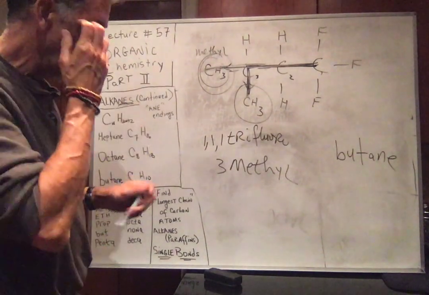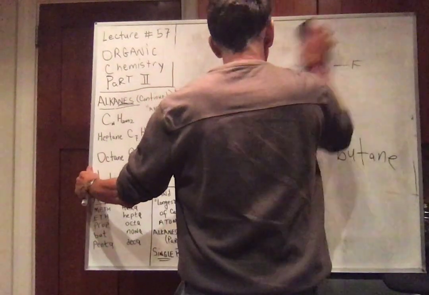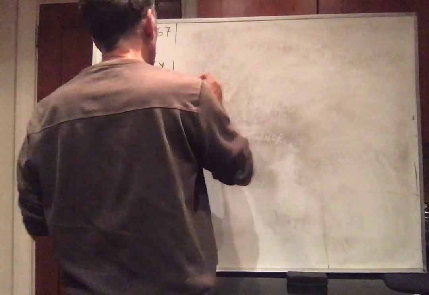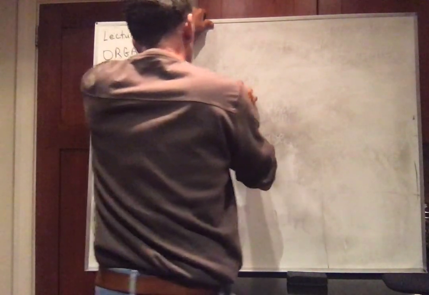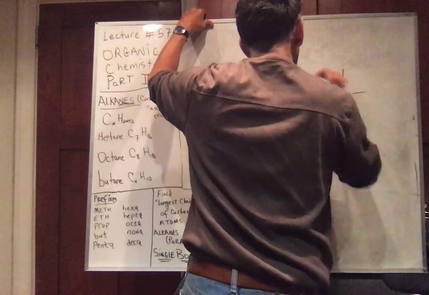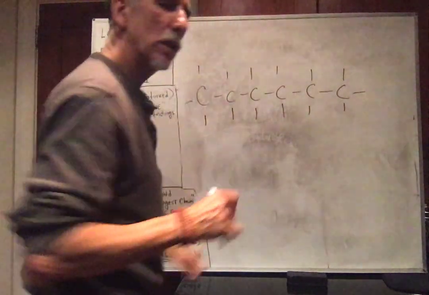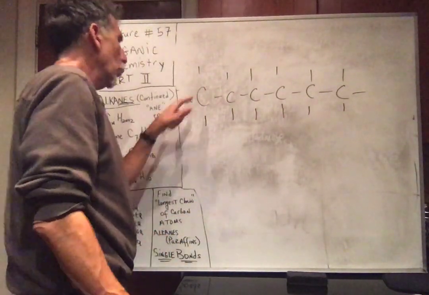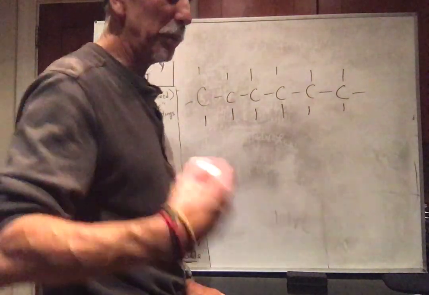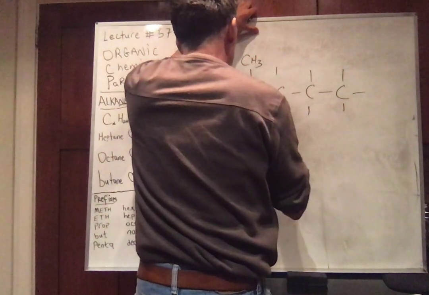Okay, so let me do one more little example here. So this is going to be my longest chain, maybe. 1, 2, 3, 4, 5, 6. 6 is hexane. Okay, so I'm going to put some stuff here. And again, top or bottom doesn't matter.